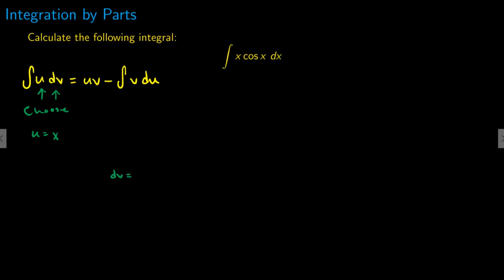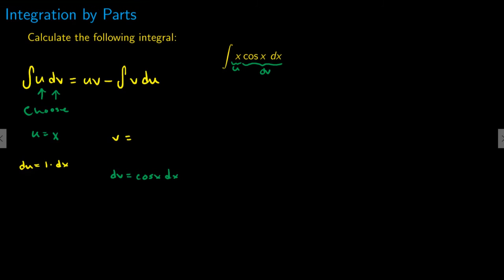And if we do this, we can calculate du for our formula. Du is just going to be the derivative of x, which is 1 times dx, or you could just write dx. And then v is going to be the antiderivative of cosine, which is just sine x. So once we have our u, v, du, and dv, we can plug into our formula.